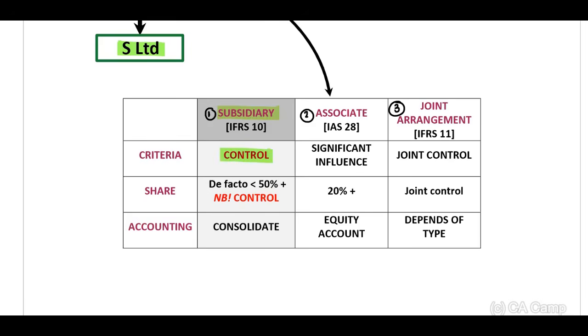This is important normally in terms of discussion questions, therefore you need to know control. If we look at the shares, normally when there's more than 50%, we can debate that there is control. But if there is less than 50%, we need to look at the de facto method. We are going to spend a lot of time on this just now.